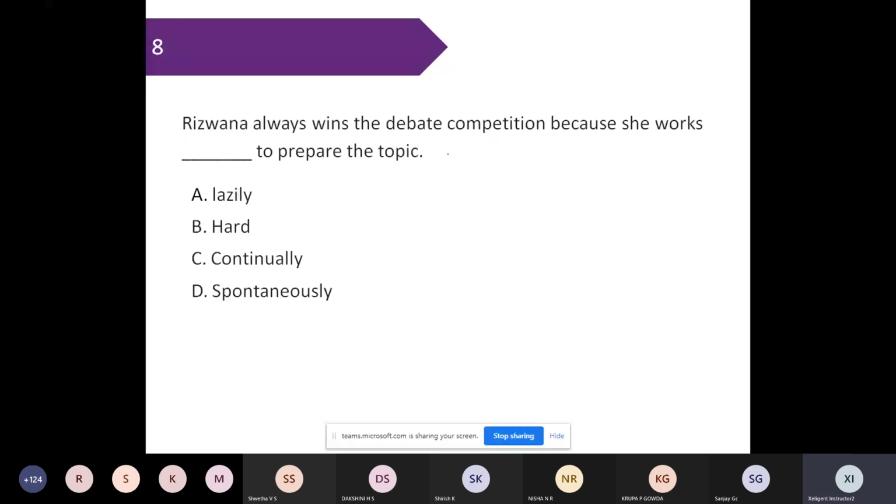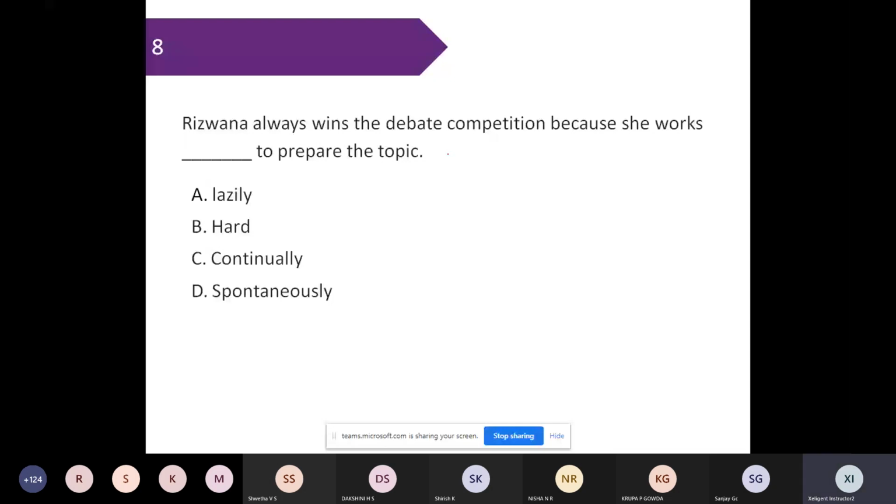It's not continually or it's not spontaneously. Okay, if you think logically, keep it simple. That's what I would suggest. Because after seeing the options, students will think this question cannot be that easy. Okay, why such doubt? Questions can be easy as well. So don't make it complex. Hard is the correct answer.